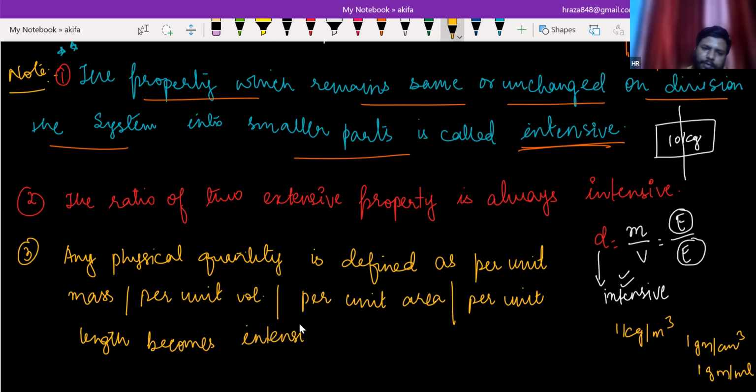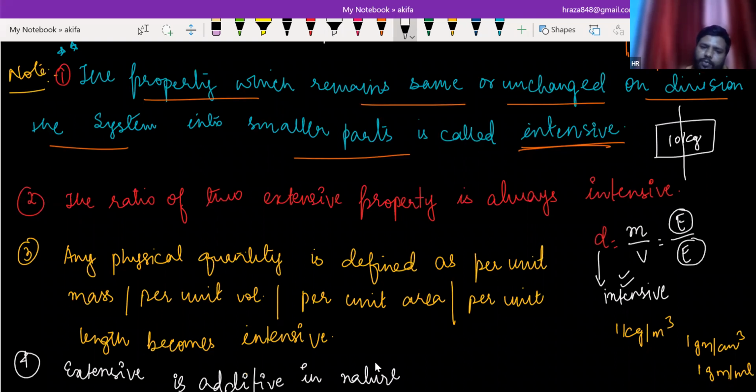Always remember, like density, mass per unit volume, that is intensive. One of the most important points is that extensive is additive in nature.